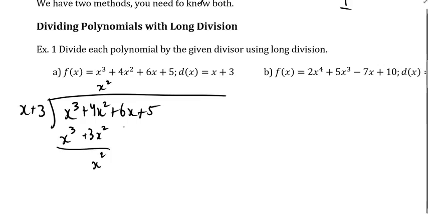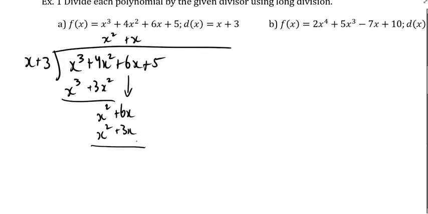I bring down the 6x. x goes into x squared x times, just dividing, right? This x squared down here divided by x is x. And then multiply, so x times x is x squared. x times 3 is 3x.